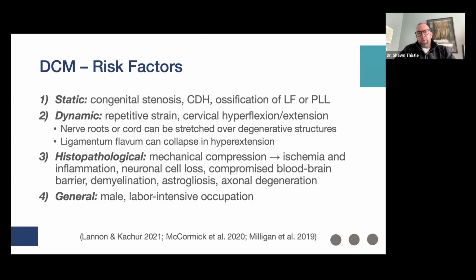The dynamic stuff is what you have to kind of ask them about. Like, what have you done occupationally and athletically with your cervical spine and spine in general? Looking for things like repetitive strain, cervical hyperflexion or extension. And you could add motor vehicle collision injuries to that as well, depending on the mechanism and how the incident occurred. And remembering that nerve roots can be stretched over degenerative structures, and the spinal cord can as well.